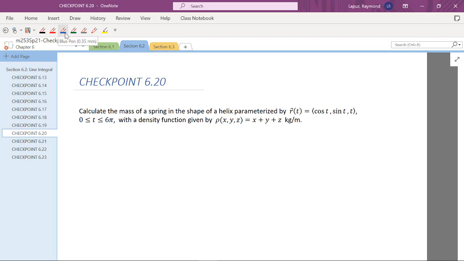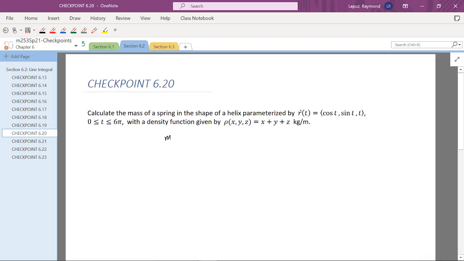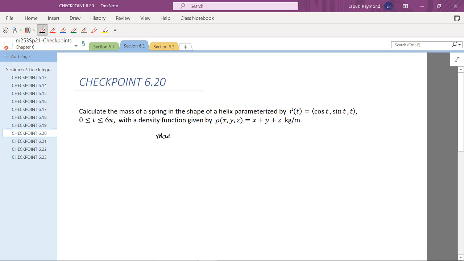All right. So the mass in general for a wire or a curve is going to be given by the line integral over that curve C of the density function, and you could be in 2 dimensions or 3 dimensions, ds.